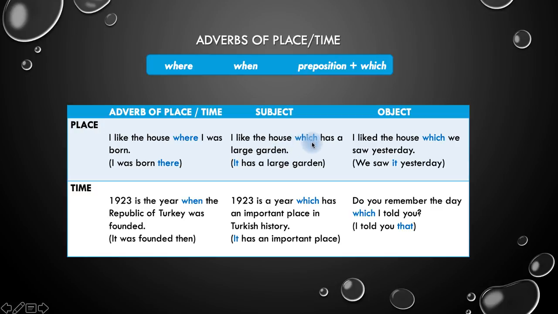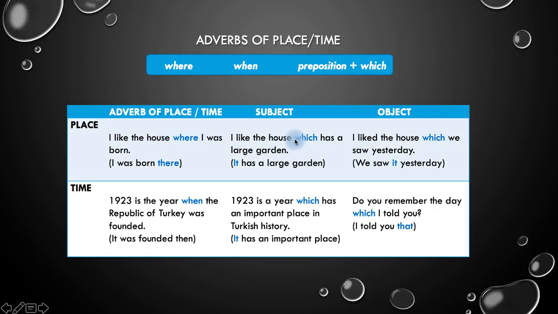So in this case, which is not an adverb of place. But what we mean, we're speaking about the house, it has a large garden. We are defining the house not as a place, but we give a characteristic of this house.